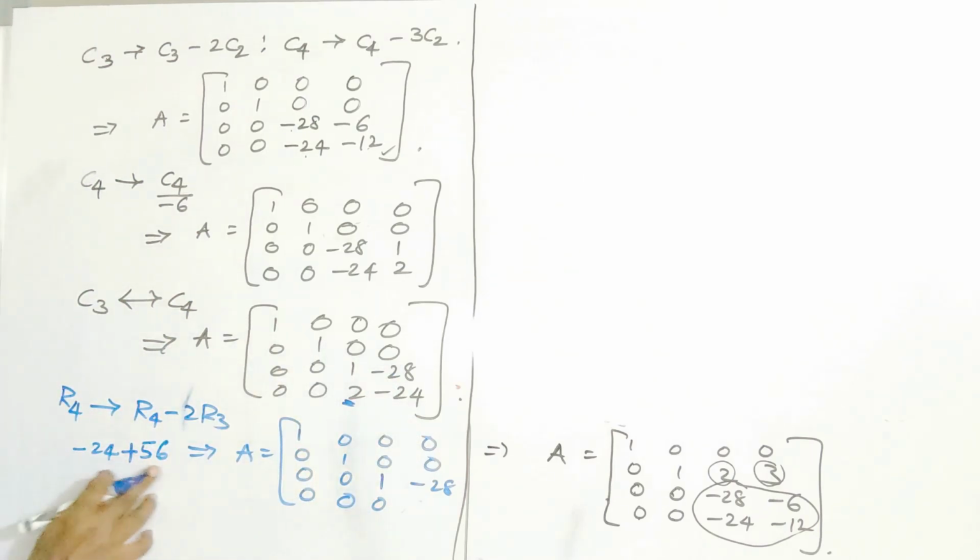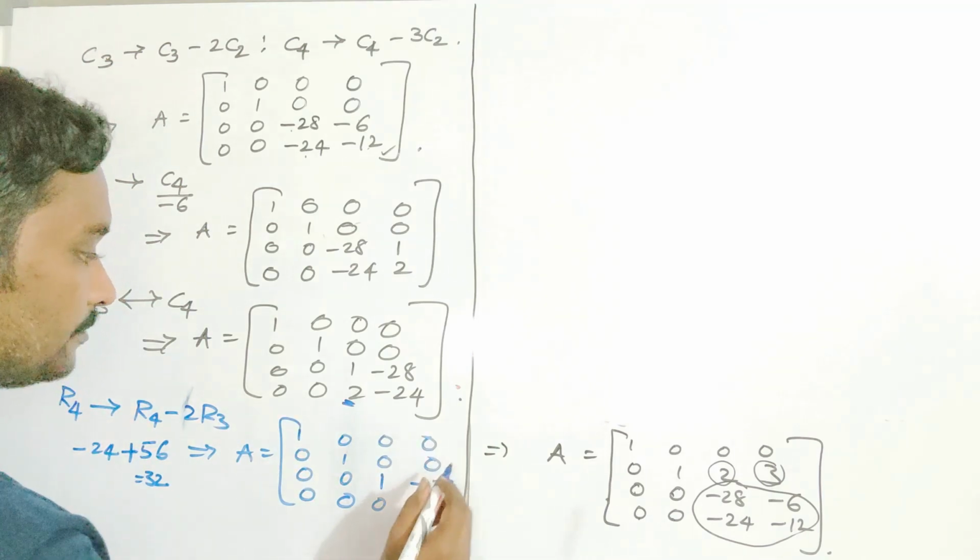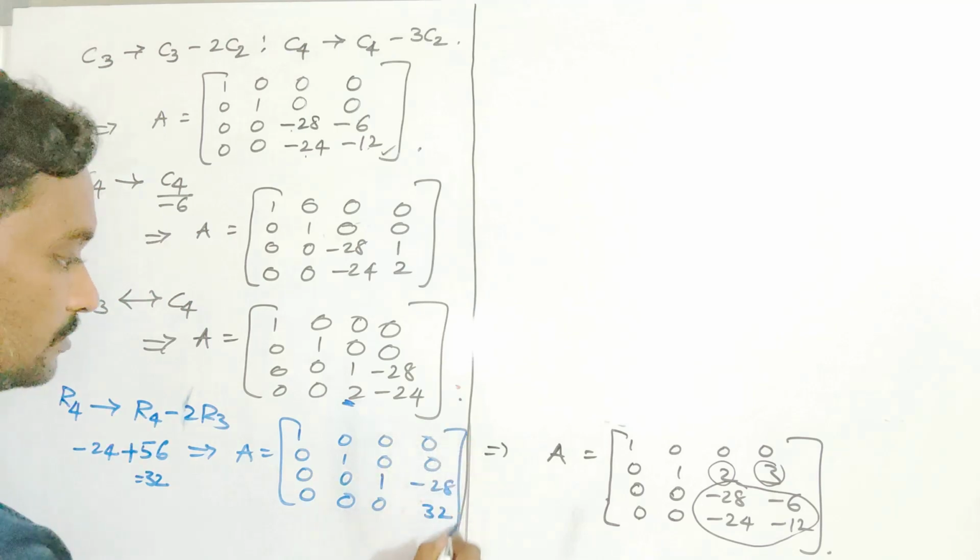What is 56 minus 24? 6 minus 4 would be 2 and 5 minus 2 would be 3, so 32. I am writing here 32, positive 32.